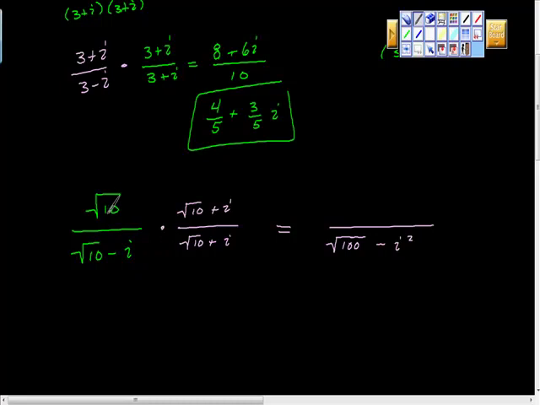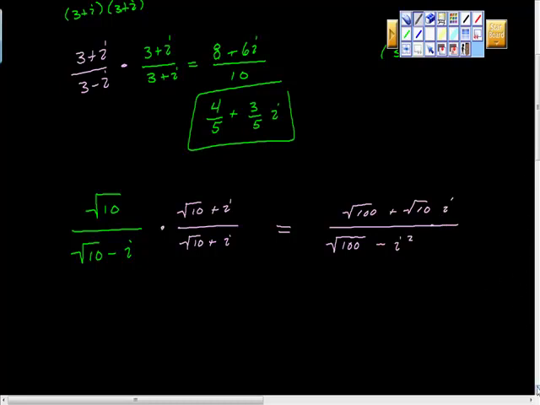And at the top, you get square root of 10 times square root of 10, which is the square root of 100. And square root of 100 is what? 10. Everybody okay with that? And the square root of 10 times i is square root of 10 i. I'm going to put this on the outside the way they want me to, if you don't mind.